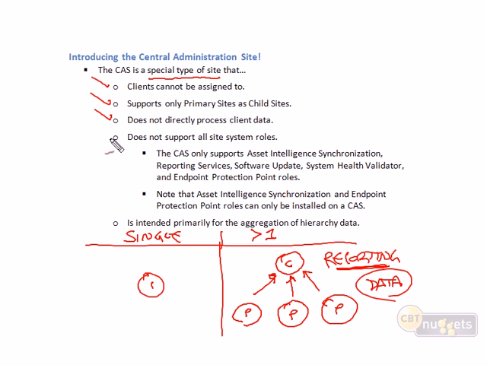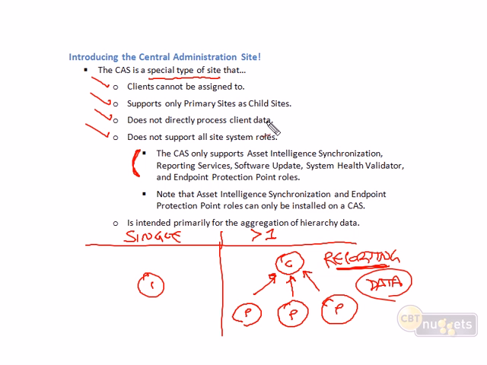In fact, as you see here, the CAS does not support all the site system roles. It only supports asset intelligence, reporting, software updates, WSUS, the system health validator, which is a role we haven't talked about but deals with network access protection, and the endpoint protection point roles. If you dig through the roles it supports, you'll notice these are generally roles where a server needs to go talk to something else.